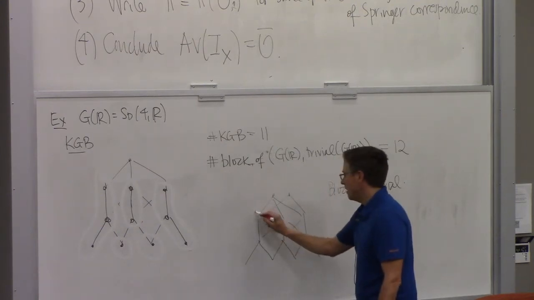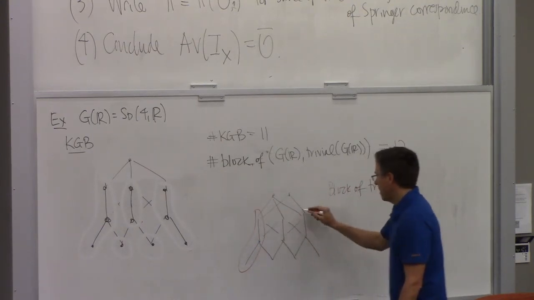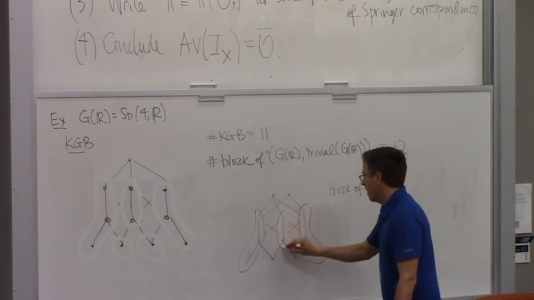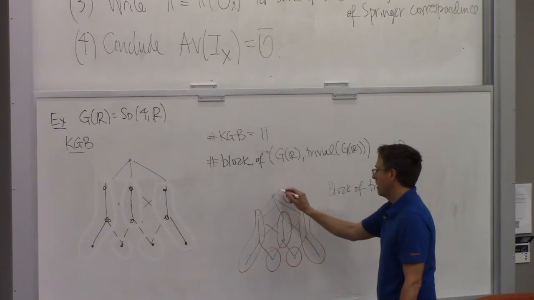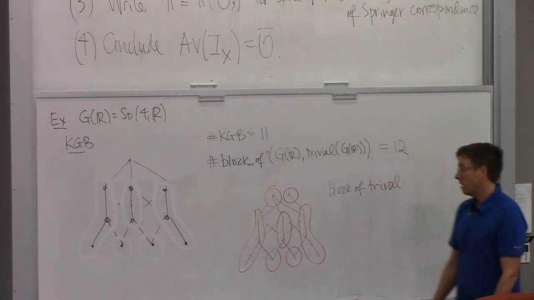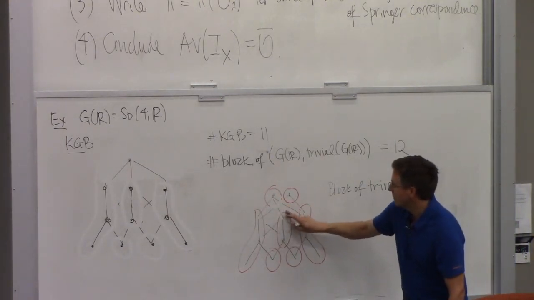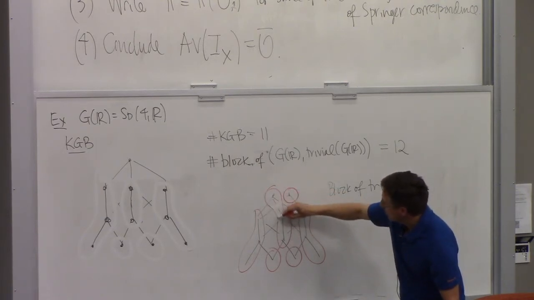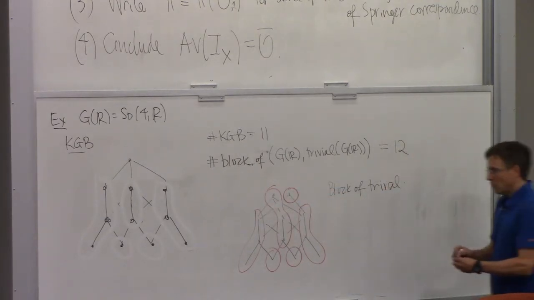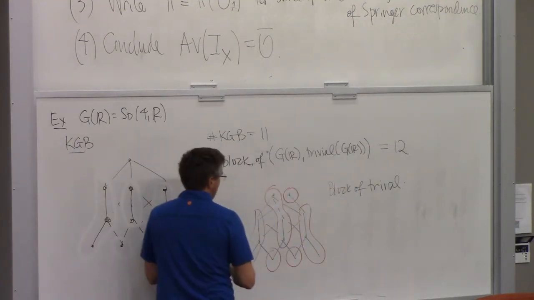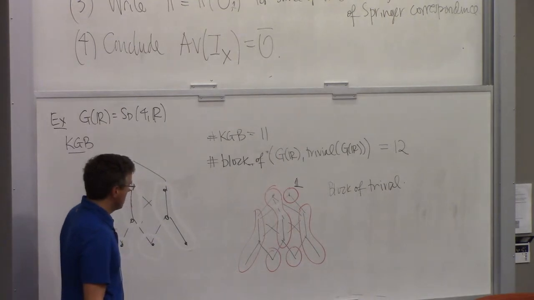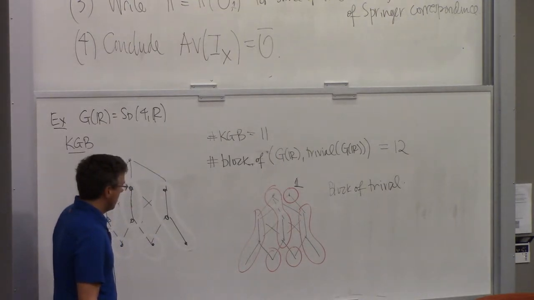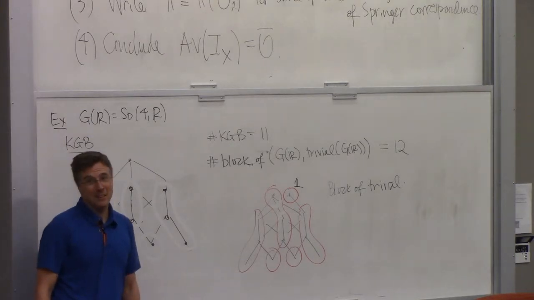So let me draw the cells first. Oh, sorry, this one has 3. So the trivial is up here, a cell into itself. That's too many, there were 5 cells. Okay. I'm pretty sure there's 6 cells.